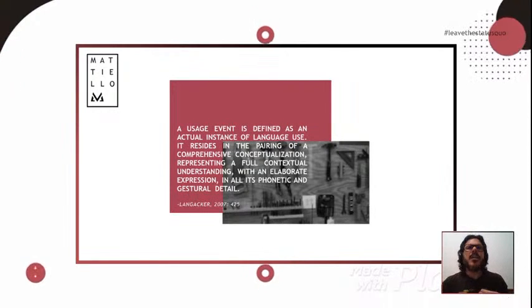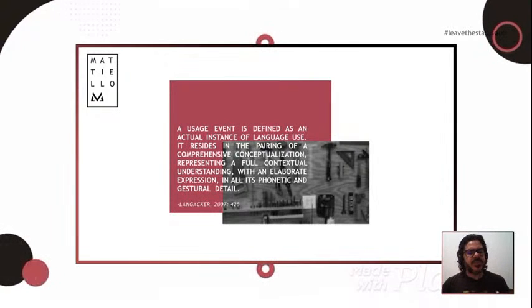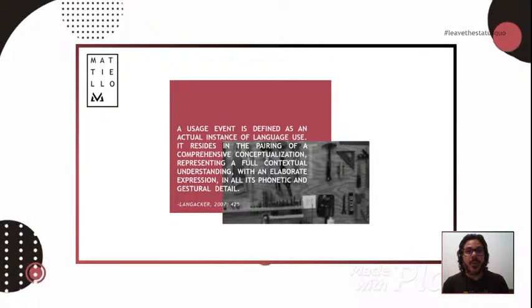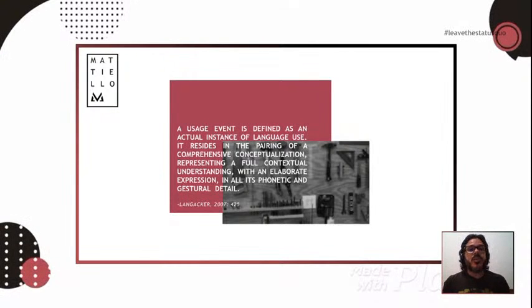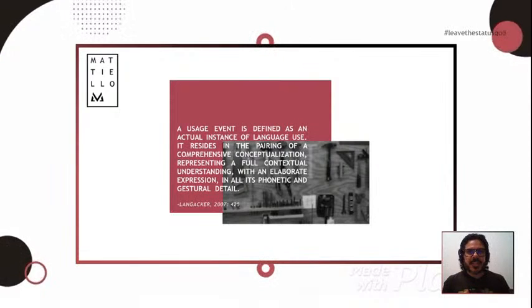Okay, and they also need to use the language. Of course, they have to use the language, because if they don't use the language, how are we going to know how the process is going? So we need this linguistic data.